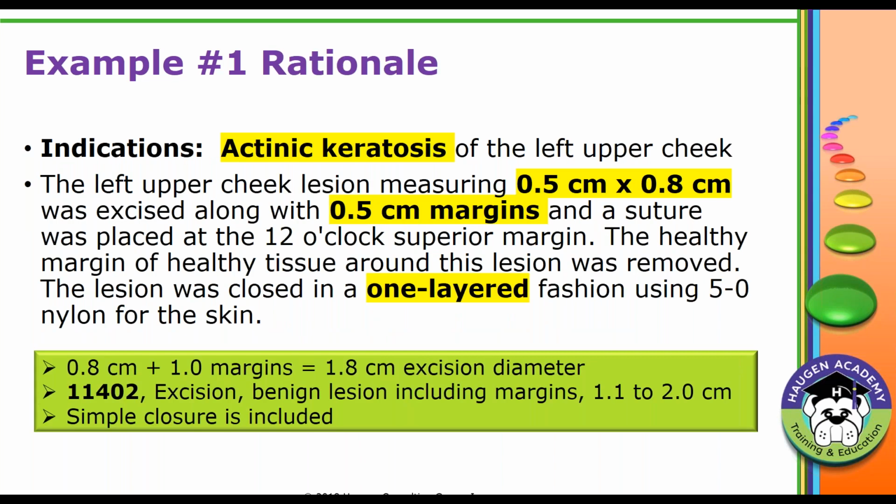Just looking at this note, this is a really short little procedure note, but right off the bat, I highlighted actinic keratosis, so that tells me it's a benign lesion. The measurements: I'll need to know the 0.8 centimeter diameter and then the 0.5 margin, so that gives us a 1.8 centimeter excision diameter. The other important thing here is the one layer closure, and that's going to be included. So here we have 11402 as our code.